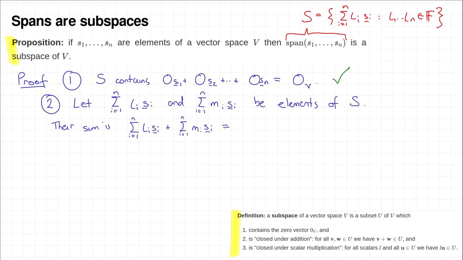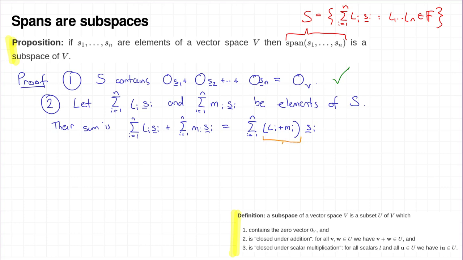So just by rewriting these sums in a different order, which you're allowed to do because addition in a vector space is associative and commutative, and by using the distributivity property, what you can do is just rewrite this as the sum of (Li plus Mi) times Si. But what you've got here really is a linear combination of the Si's.